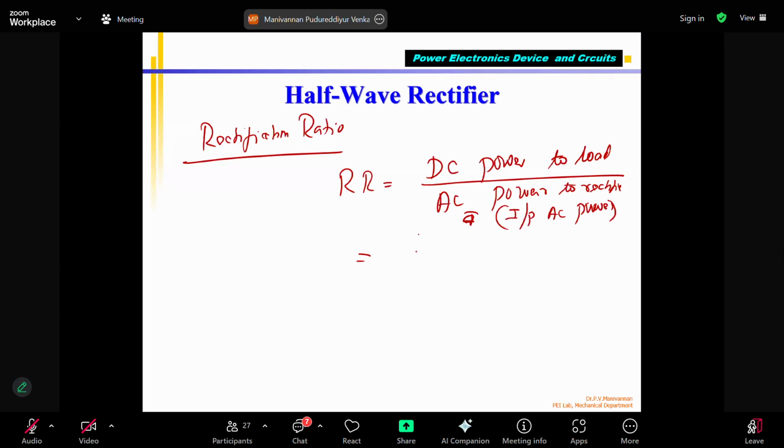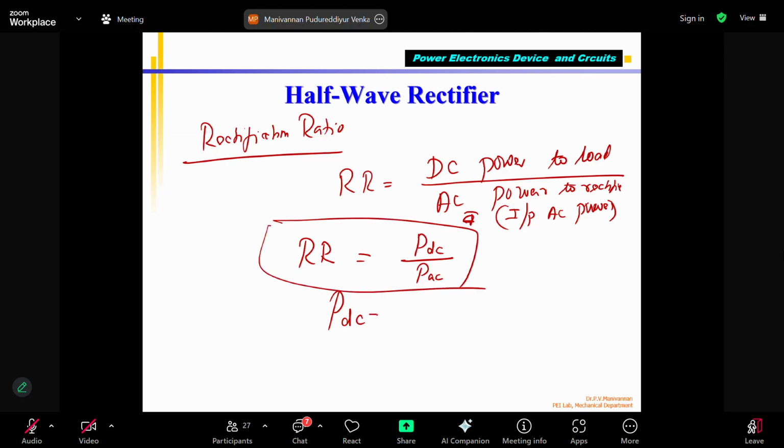This will be written as PDC divided by PAC. What is PDC? PDC equal to VDC multiplied by IDC, which is nothing but V average multiplied by I average.